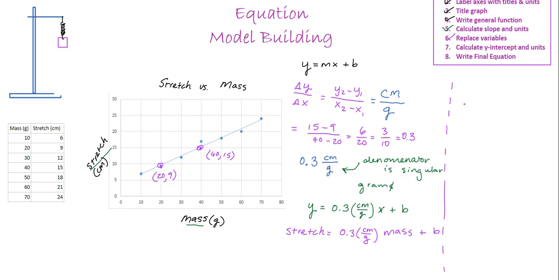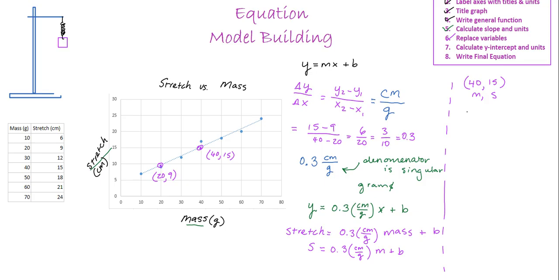I'll write a short version of this: S for stretch equals 0.3 centimeters per gram, M for mass, plus B. I'm picking the point 40, 15, where 40 is a mass value and 15 is a stretch value, so I'm going to plug them into this equation.